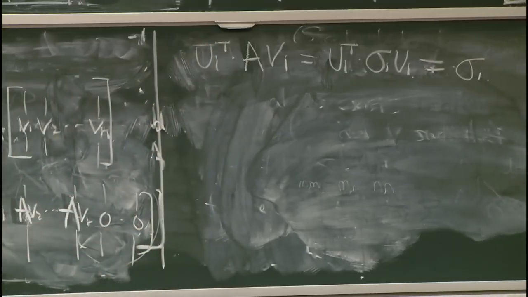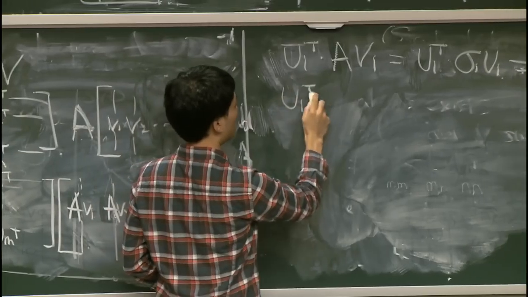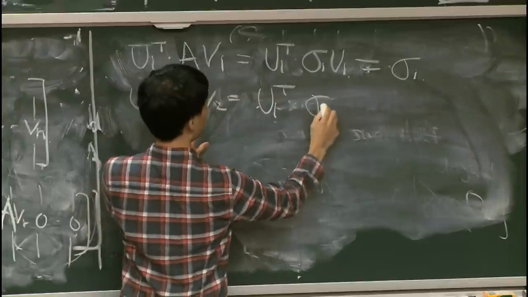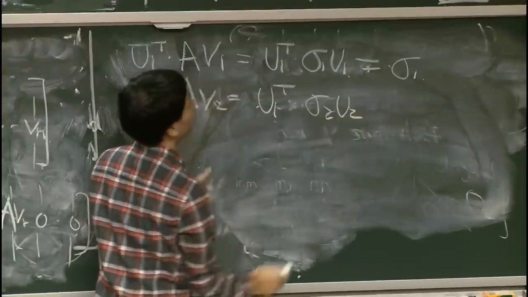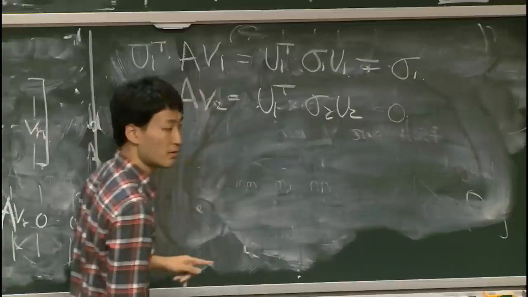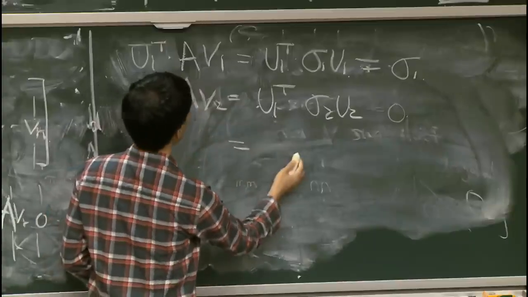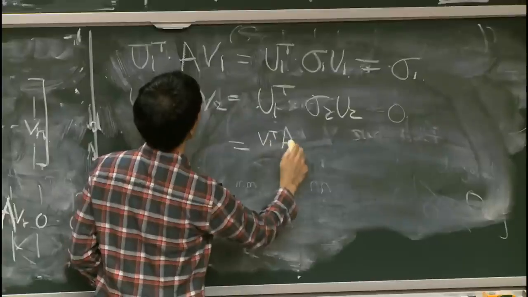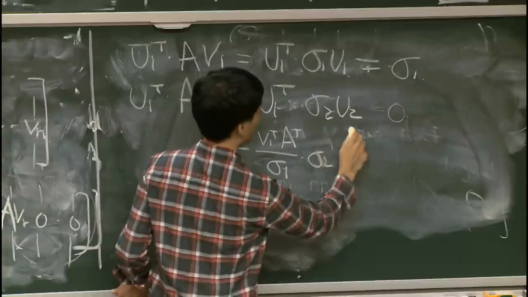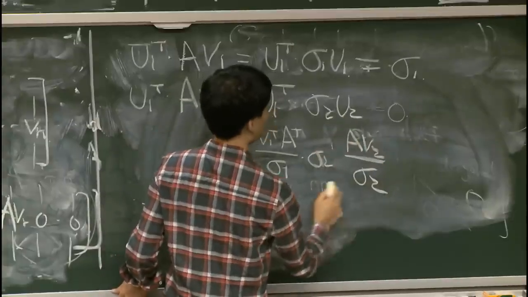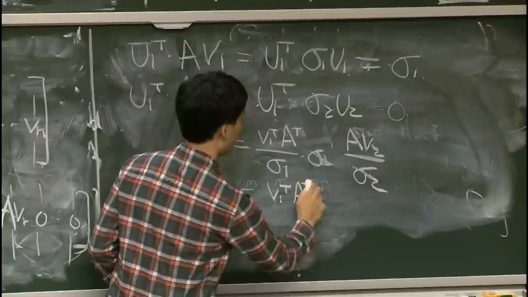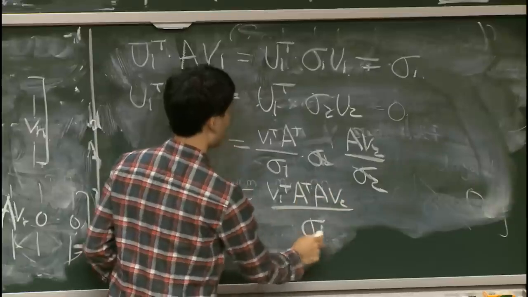And then if you look at the second entry, U1 transpose times A V2, you get U1 transpose times sigma 2 of U2. But I claim that this is equal to 0. Okay. So why is that the case? U1 transpose is equal to V1 transpose A transpose over sigma 1. Then we have sigma 2 U2, which is equal to A times V2 over sigma 2. Those two cancel, and we have V1 transpose A transpose A V2 over sigma 1.